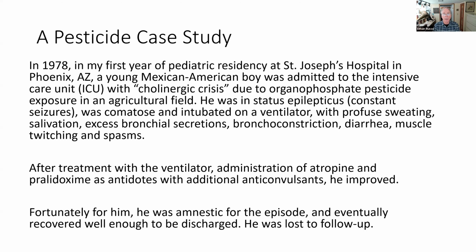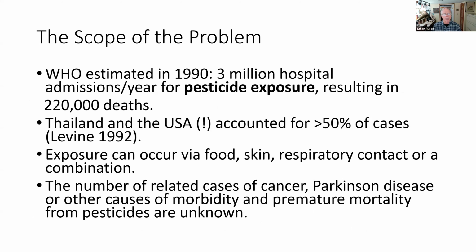But after treatment with the ventilator, administration of atropine, which reverses some of the effects, also pralidoxime, and treatment for his seizures, he improved. He couldn't remember much of what happened before and was lost to follow-up. But it was a very sobering reminder of how toxic these compounds can be.